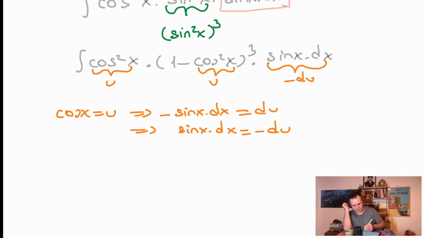Now, the integral is u squared times 1 minus u squared cubed times minus du. Take this minus sign outside the integral.